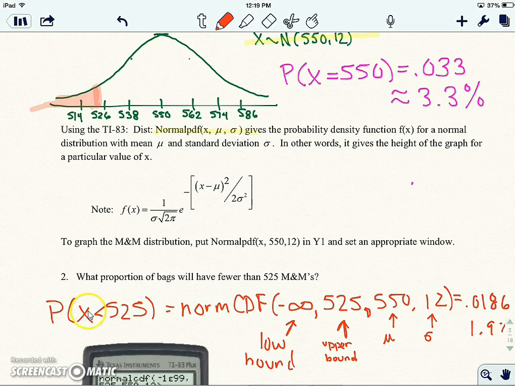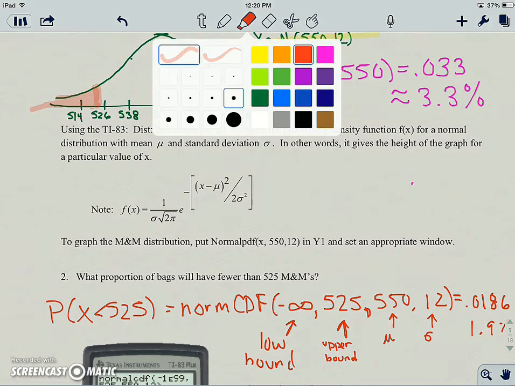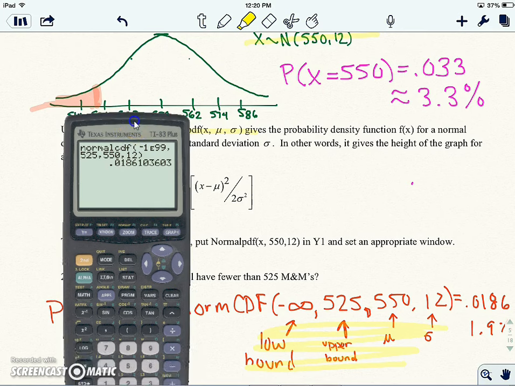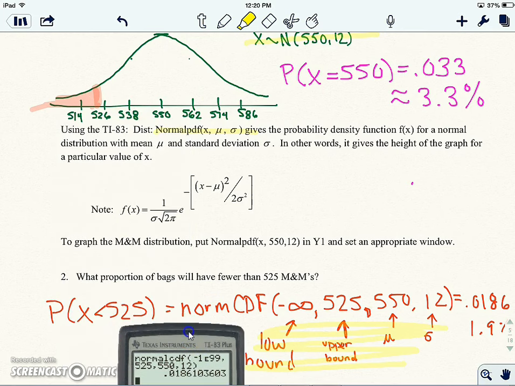The probability of x being less than 525 equals, and then you show how you get it. They will take calculator speak, but only if you label what everything is. So you were at negative infinity up to 525 with a mean of 550 and a standard deviation of 12. Okay, you have to label like that.